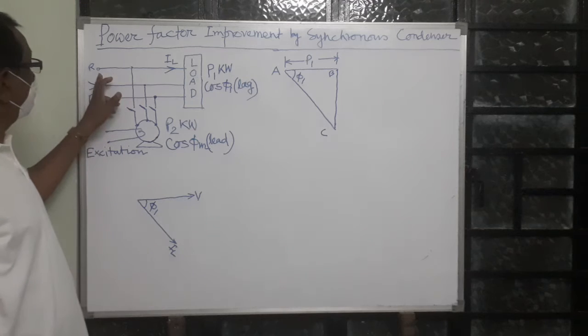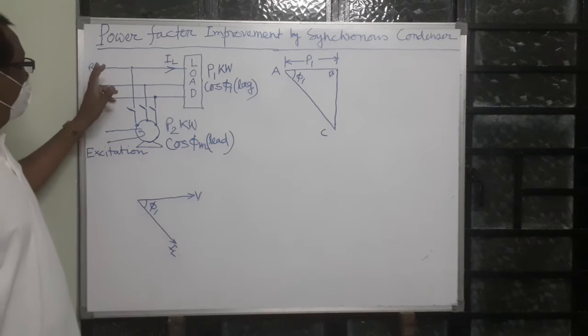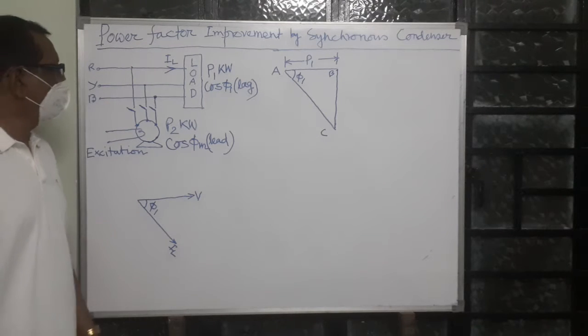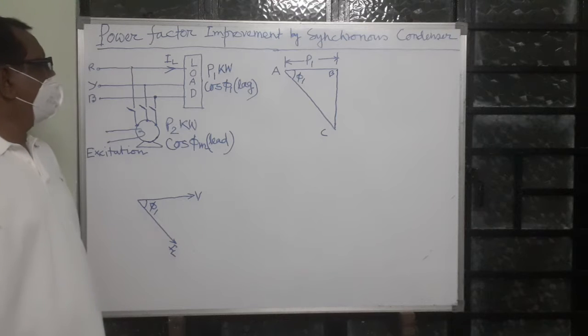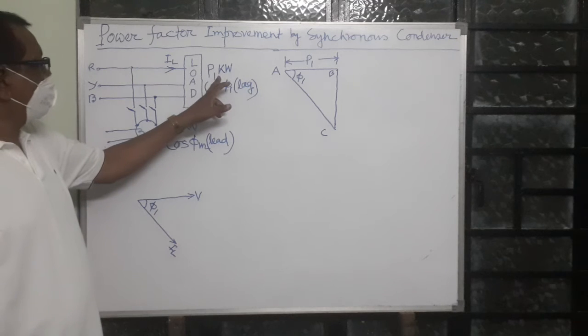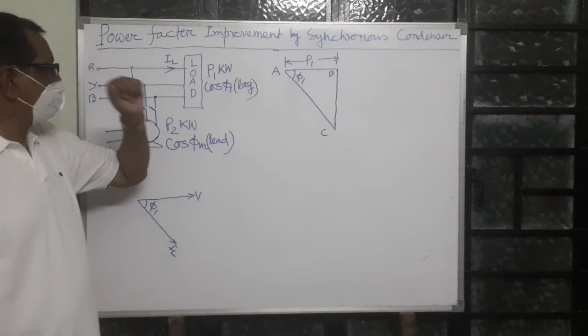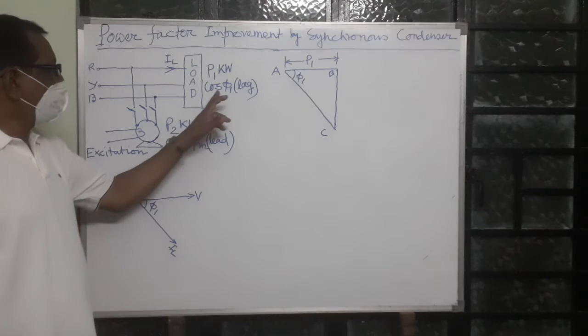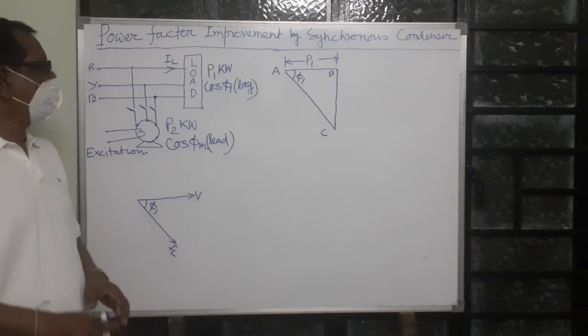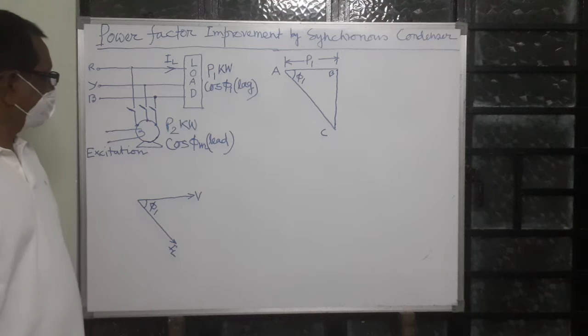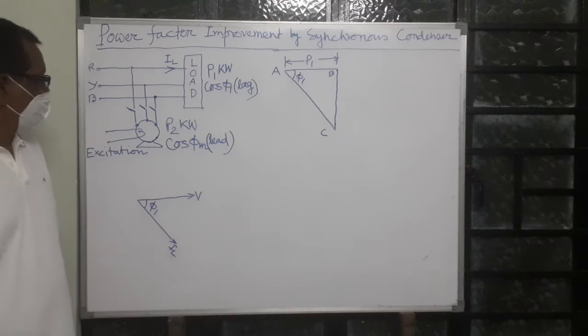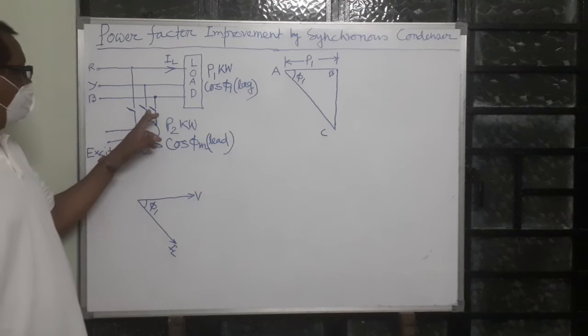So first, this is an industrial load which is connected to a polyphase system R, Y, B, and the load power is P1 kilowatt and the load power factor is cos phi 1 lagging. Here is a switch.